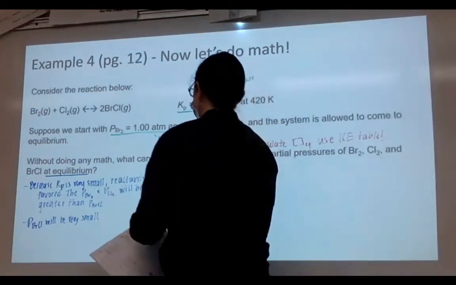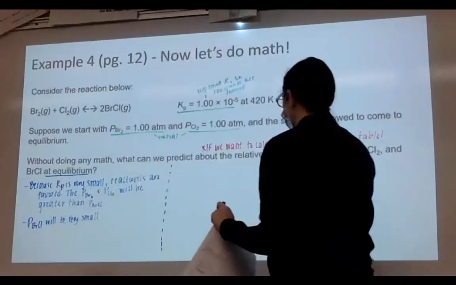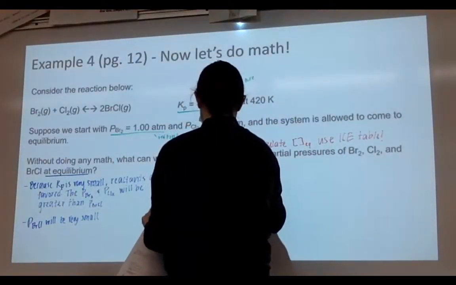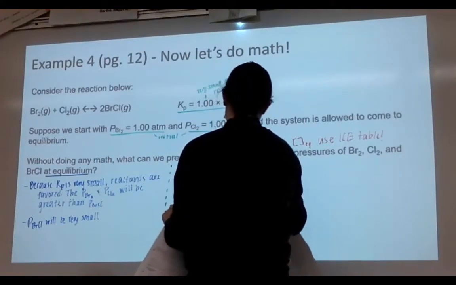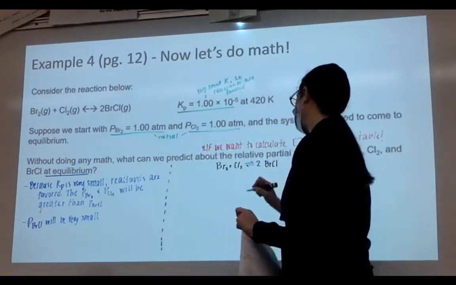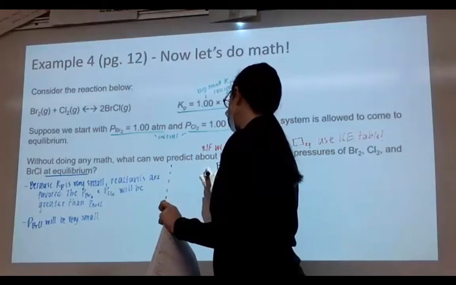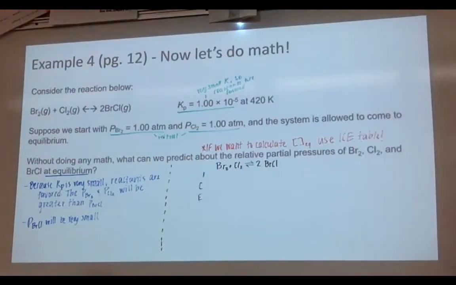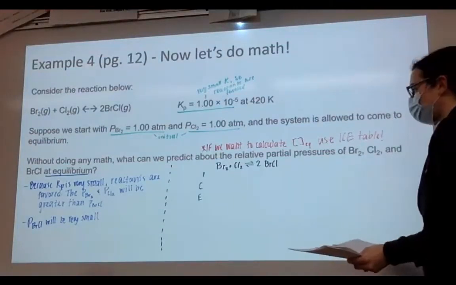So here's what I'm going to do. I'm going to rewrite my equation, right? Our steps for an ice table. Now I'm going to go ahead and set up an ice table. The process of the ice table is no different than what we looked at before. Initial.